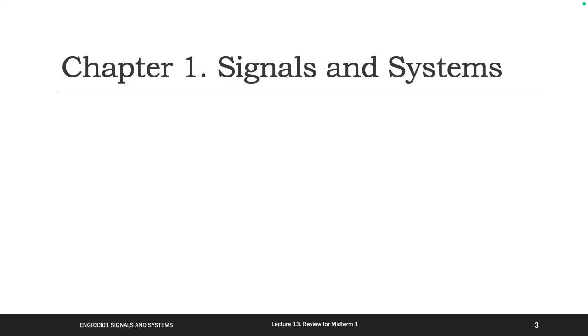Yeah, graphs. Actually, you can see the name. We try to learn what signals are and what systems are, and some properties, some different types of signals. For the signals, what can you think about?